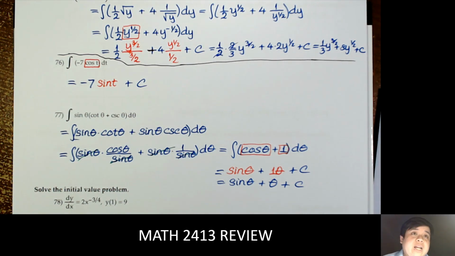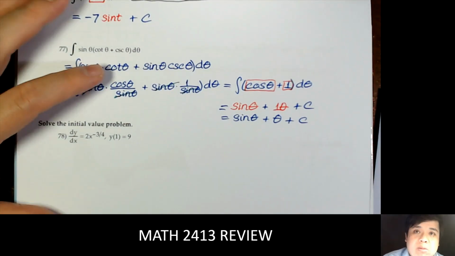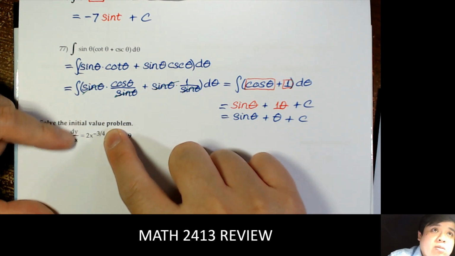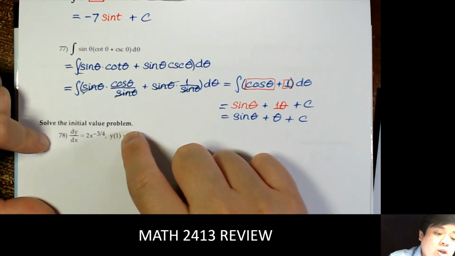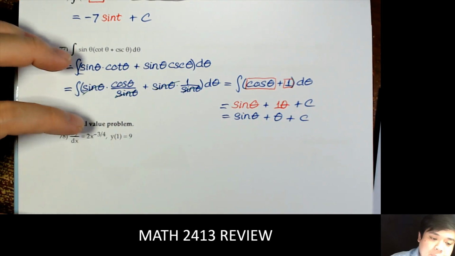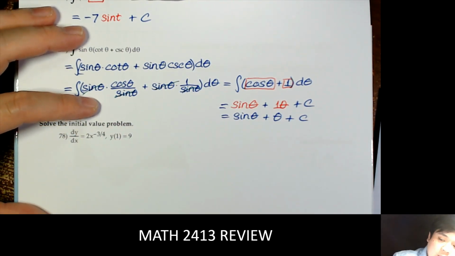Right. Next we have the initial value problem. Initial value problem is we're going to have the derivative integrated, get us back to the function, and then we have the initial condition. This is called the initial condition.